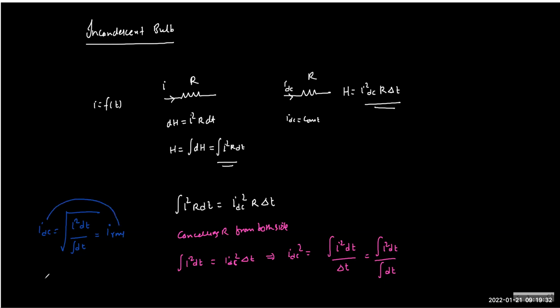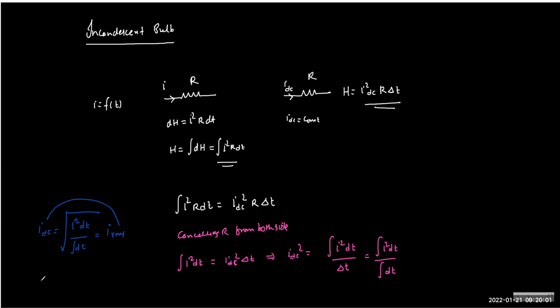RMS turns out to be the DC equivalent of AC. So in mathematics, the RMS and the DC current are equivalents, and because we cannot report a variable value, we always report or specify in the specification of a device the RMS value by default.